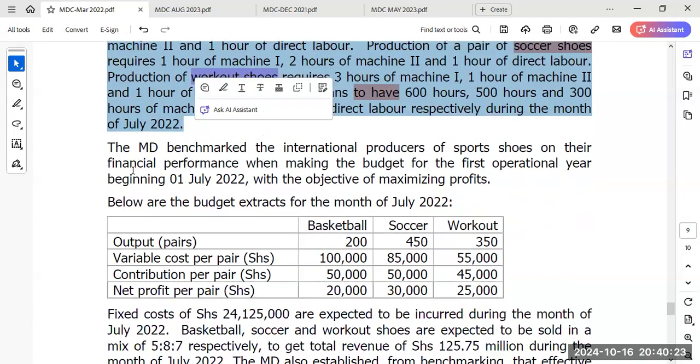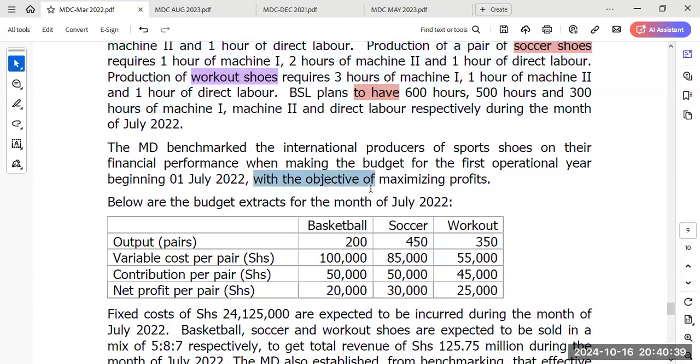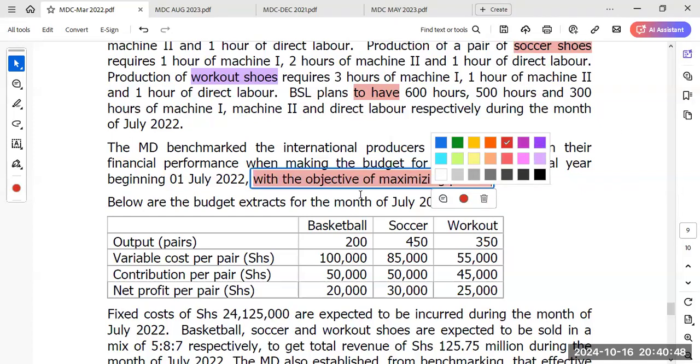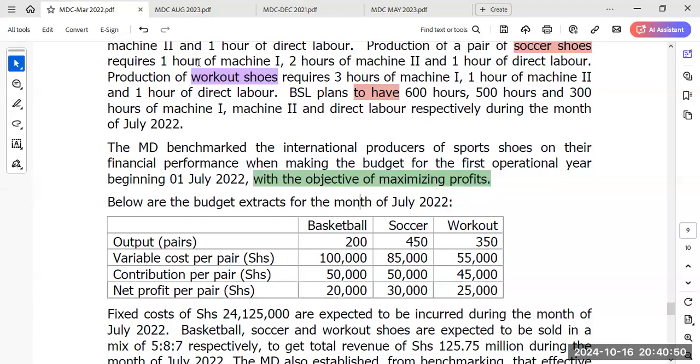Okay. The MD benchmarked the international producers of sports shoes on their financial performance when making the budget for the first operational year, beginning 1st July 2022. With the objective of what? Are you seeing this? With the objective of maximizing profit.